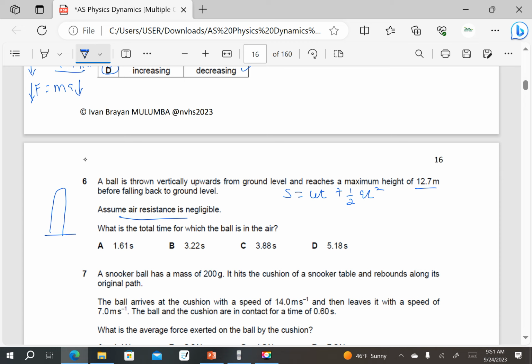A ball is thrown vertically upwards from ground level and reaches a height of 12.7 meters before falling back to the ground level. Okay. Since I don't know the initial velocity and I don't know the time, I have two unknowns here. I will not use that equation.